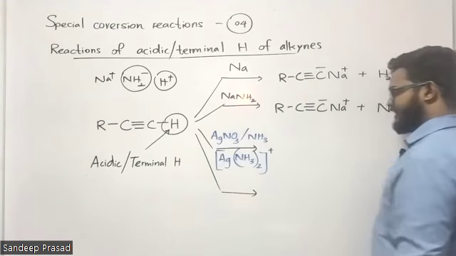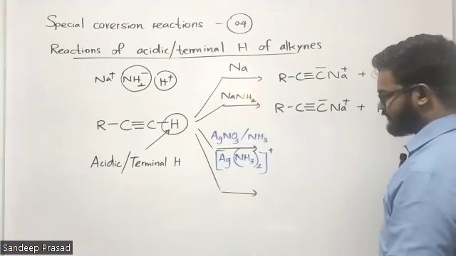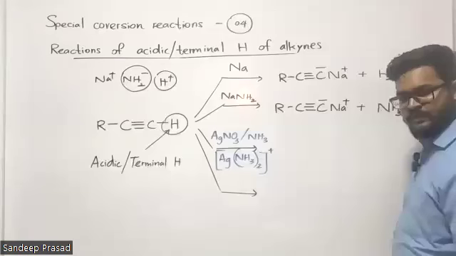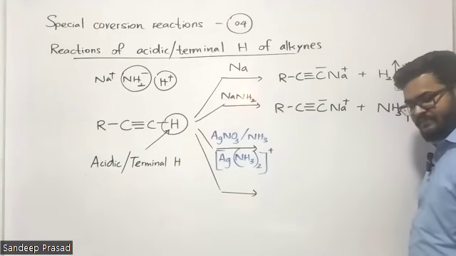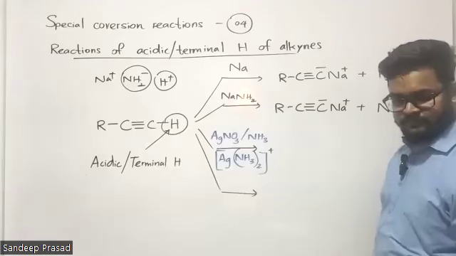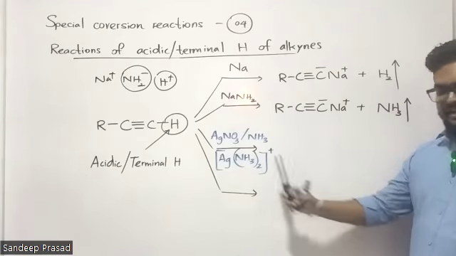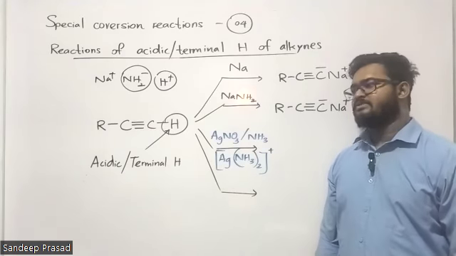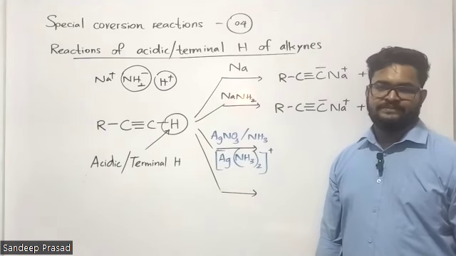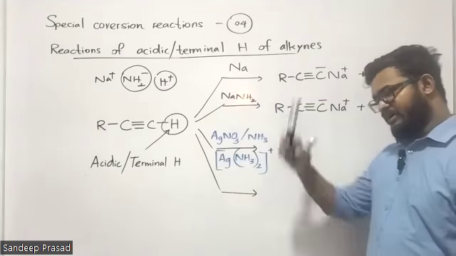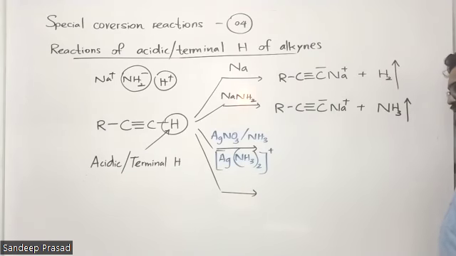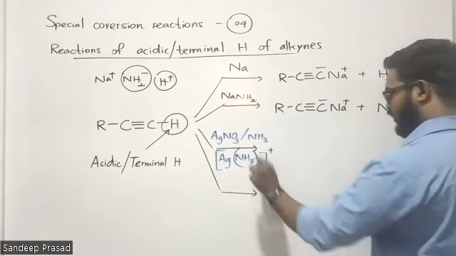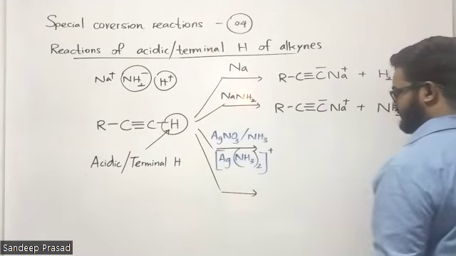In that identification test, we are learning a famous reagent. That reagent contains this complex. Can anyone tell me what is that reagent? What is that reagent containing diamine silver? The famous reagent. Yes, Tollens reagent. Remember in aldehydes and ketones, we discussed Tollens reagent, Fehling's test. So the Tollens reagent contains diamine silver.